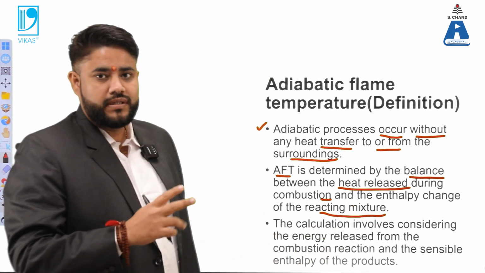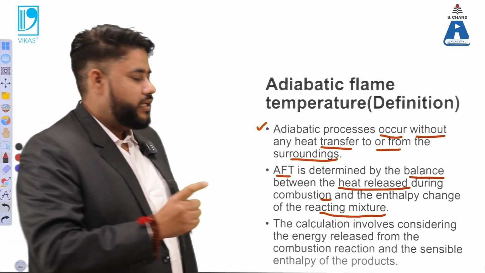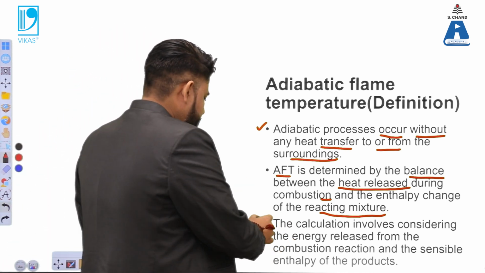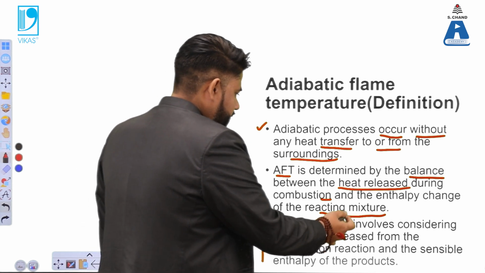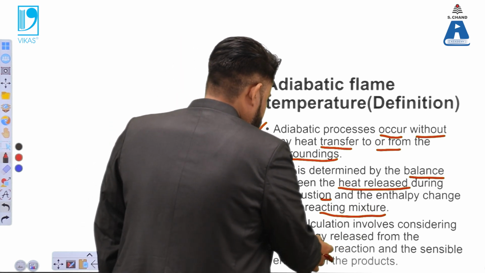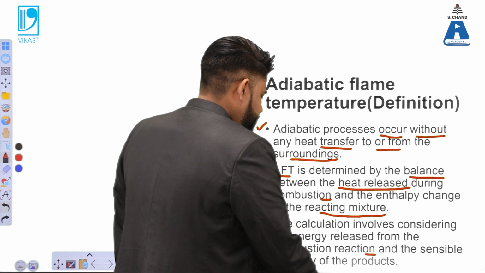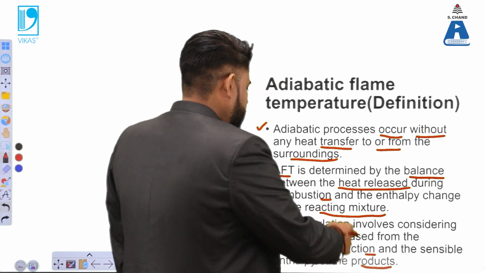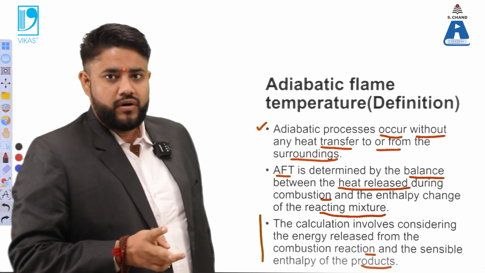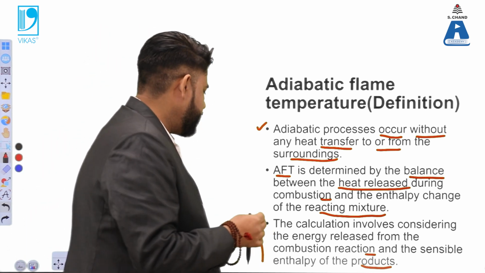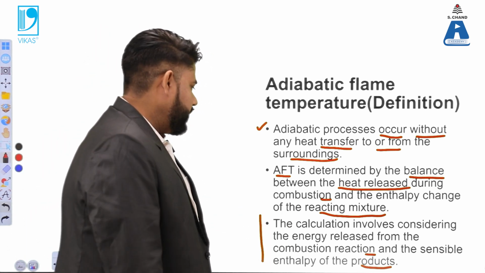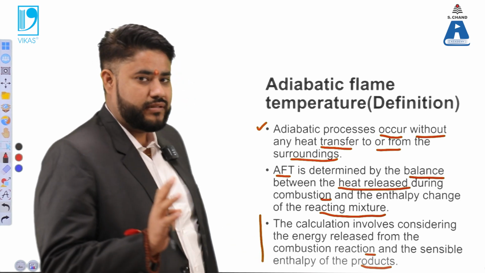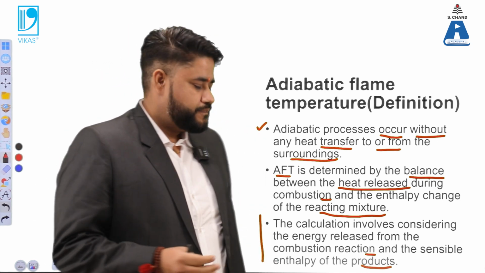This concept is critical in the calculation of the heat balance. The calculation considers the energy released from the combustion reaction and then the sensible heat of the products. So the things involved are the energy released and the sensible enthalpy of the products.